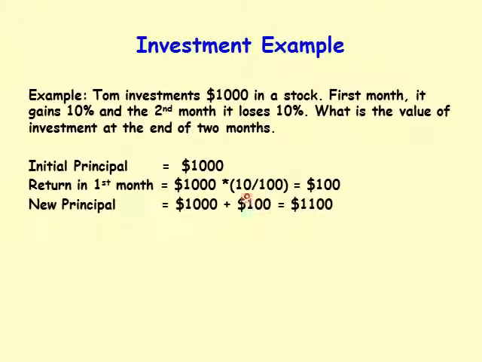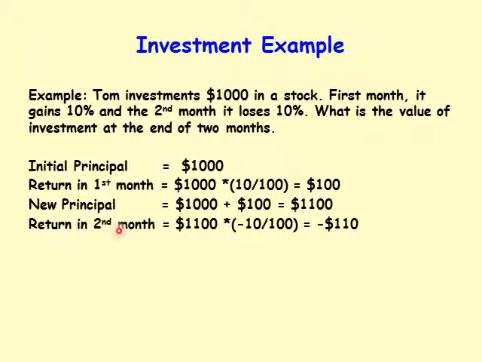New principal for going into the second month is the first principal $1,000 plus this interest, which is $1,100, just like the compound interest example. Return in the second month is negative 10%, a loss, so minus 10 divided by 100.